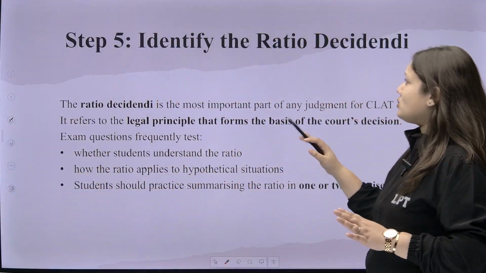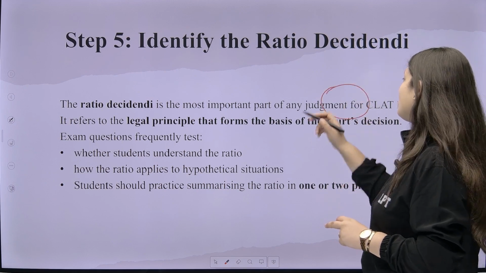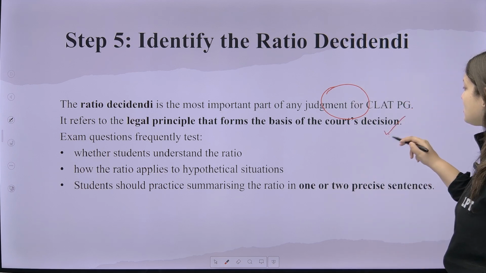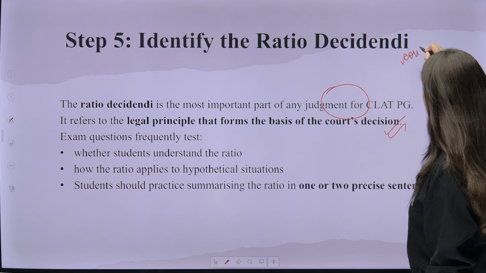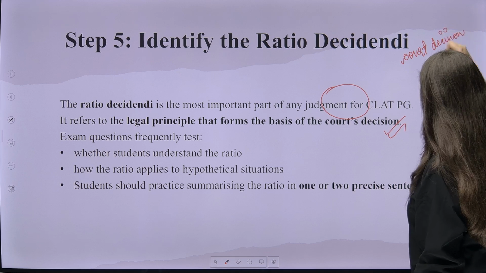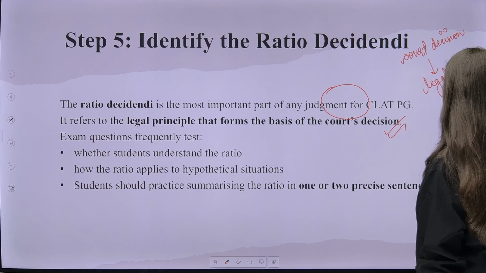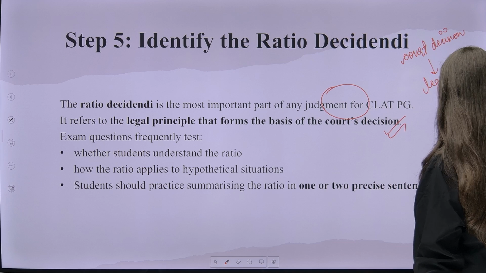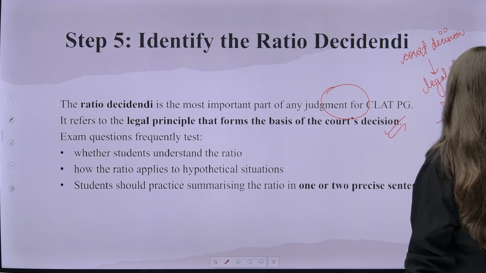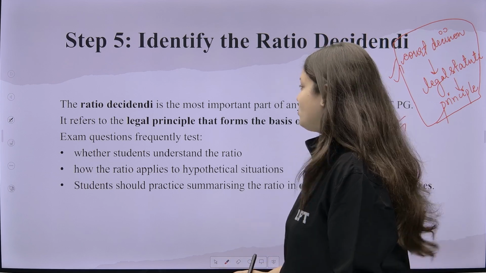Now the 5th step is to identify the ratio decidendi. The ratio decidendi is the most important part of the judgment for the CLAT PG. It refers to the legal principle that forms the basis of the court's decision. Whatever legal law, legal statute, or legal principle the court used to give the decision, that is the ratio decidendi for the judgment, right?